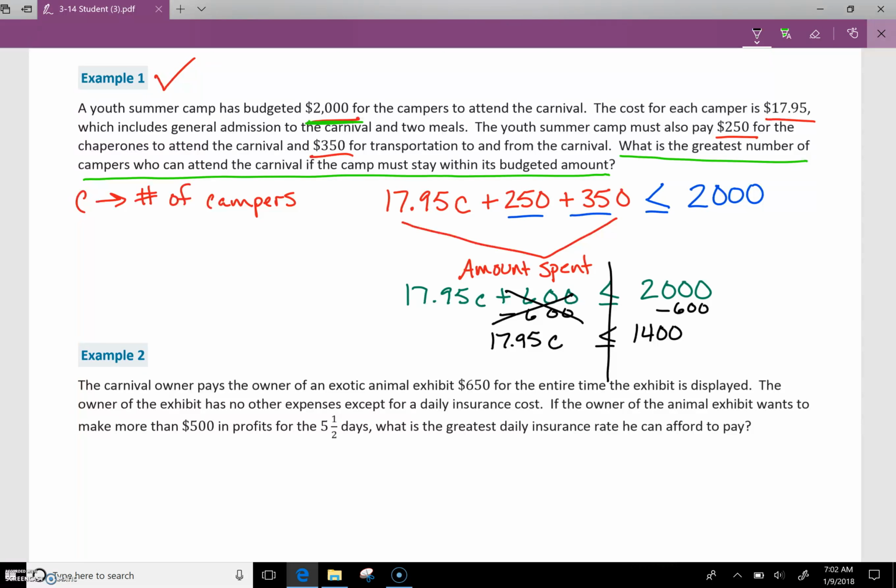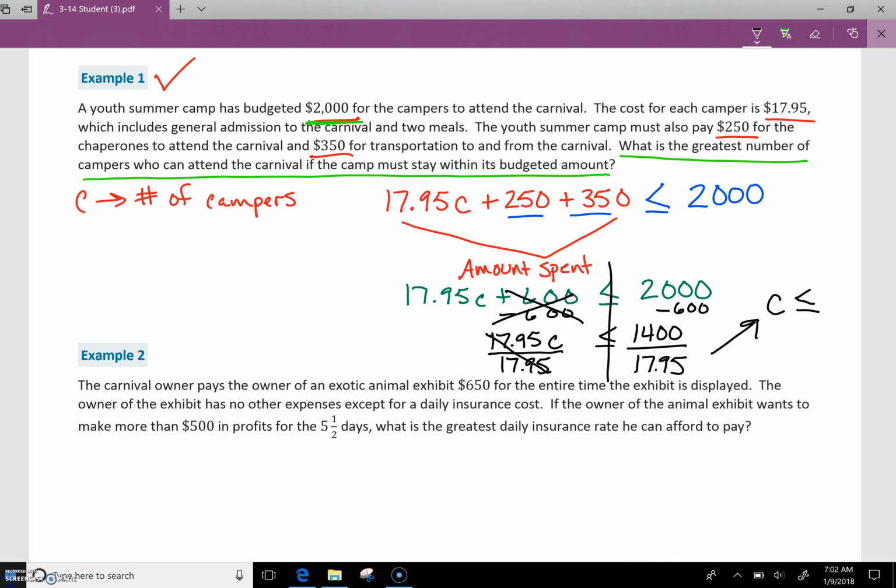Last thing we need to do is divide. We're going to divide by 17.95. I'm kind of running out of room here, but these will cancel. I'm going to move my work over here now. That would leave us with C on the left-hand side is less than or equal to whatever 1,400 divided by 17.95 is. And you can go ahead and type that into your calculator.